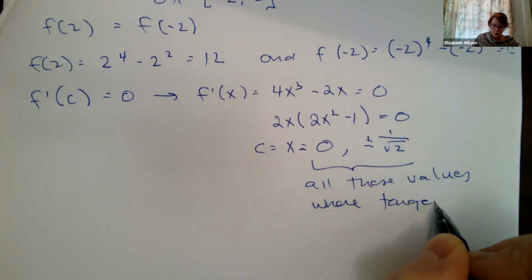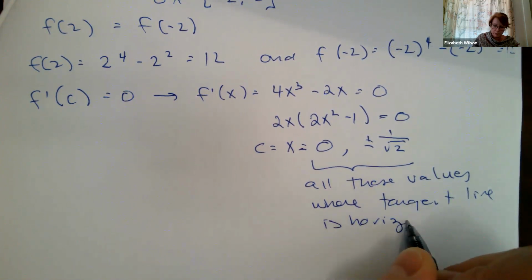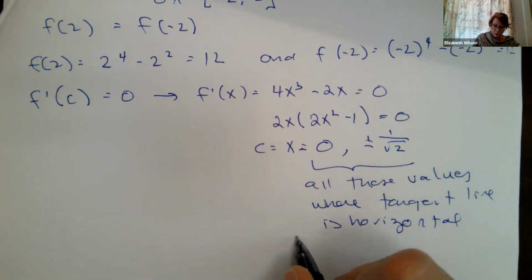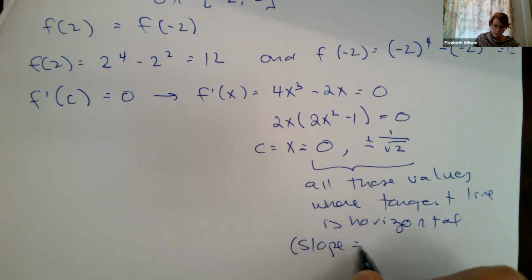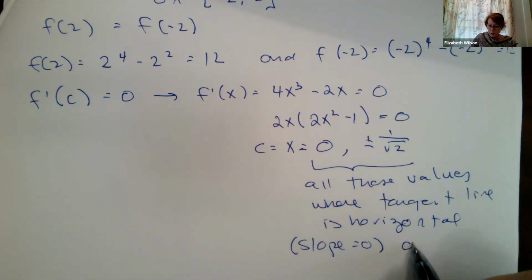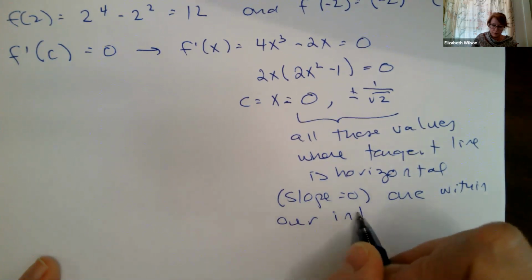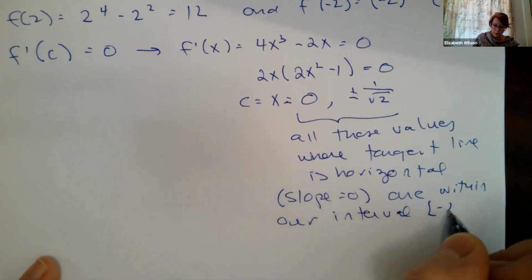This is where our tangent line is horizontal, which means our slope is equal to 0. All these values where the tangent line is horizontal are within our interval, minus 2 to 2.